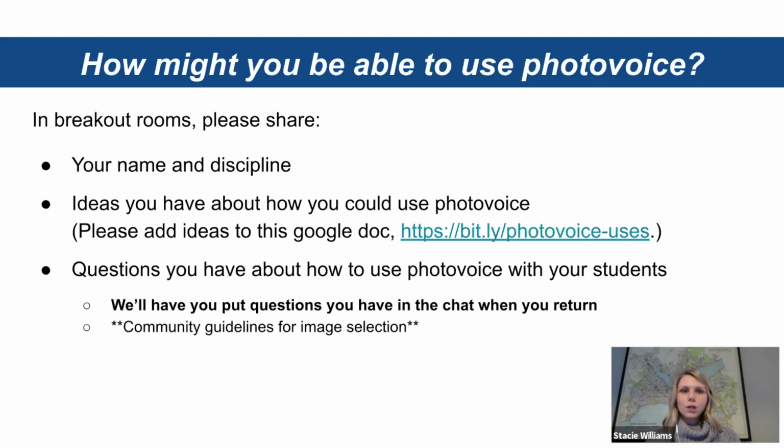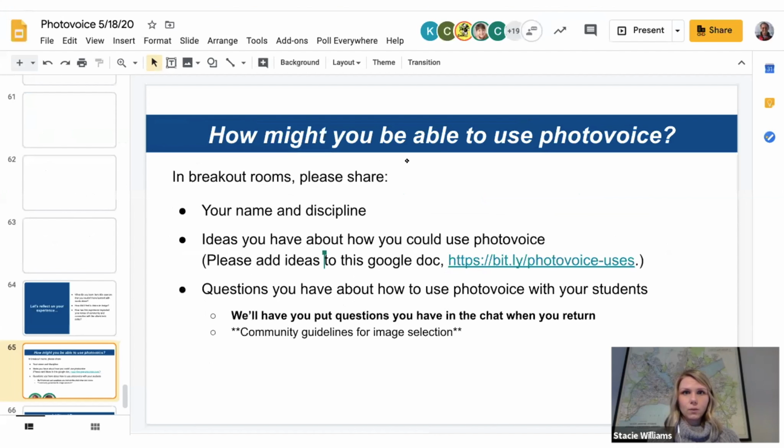If you have a large class, depending on the format of your class and how comfortable students are with discussion forums, you can also house all of this in the discussion forum. It's as simple as students making a post and inserting an image with their post. That's certainly how I do it in my class, because I'm teaching fully online and I don't have these types of remote meetings.